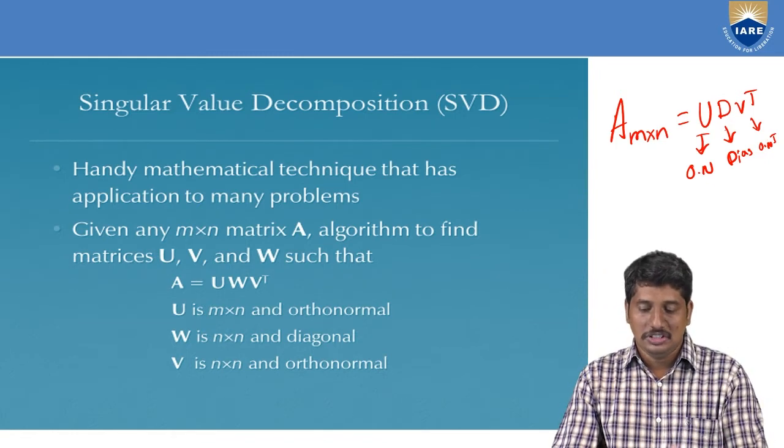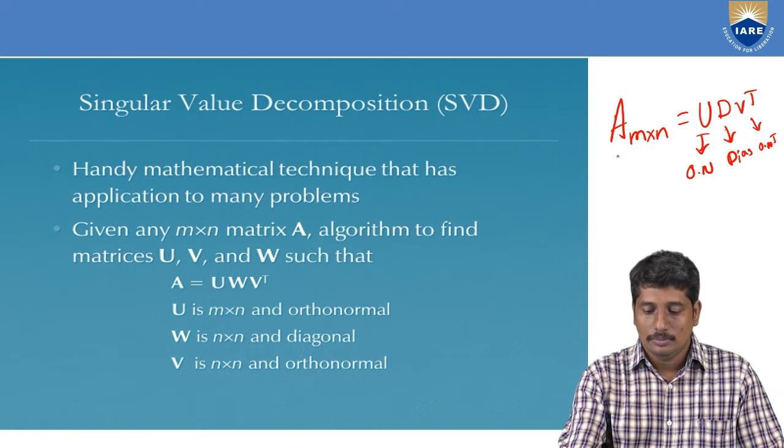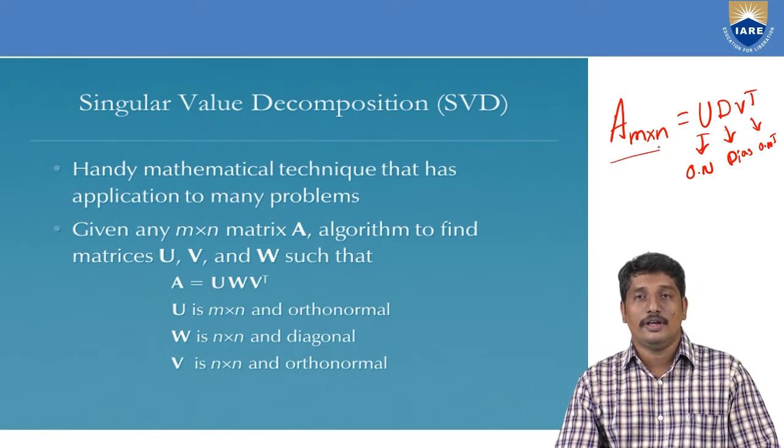The product of these 3 matrices will be approximately equal to the matrix A. That is called singular value decomposition.